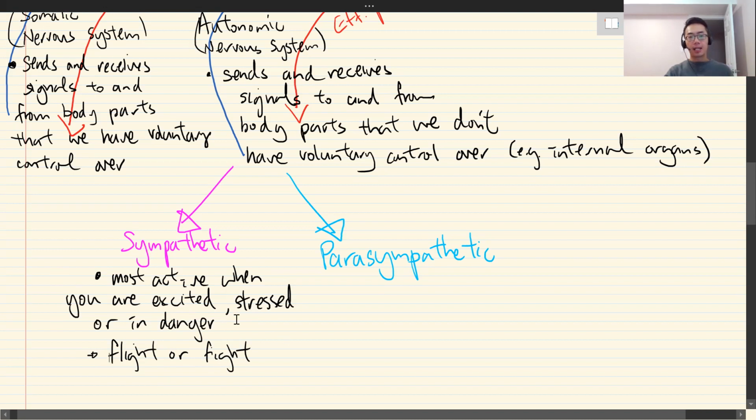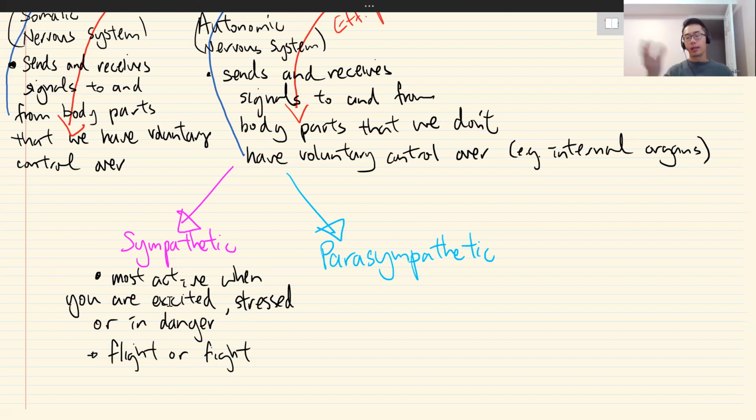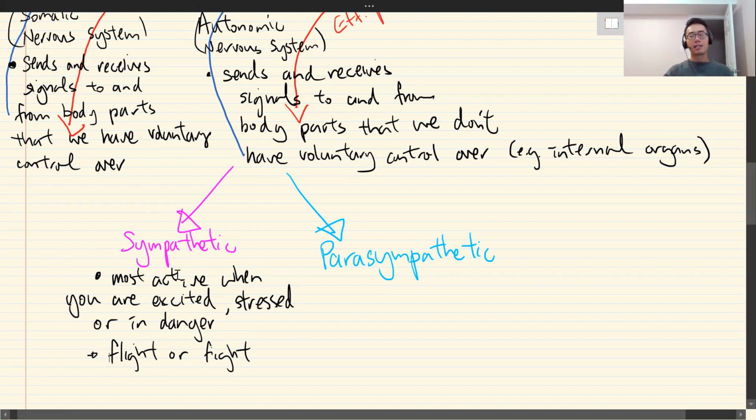But that's the same kind of system that's going to be activated when you are excited. Remember when you receive the acceptance letter to college or university, you get so excited. That euphoria, the excitement you feel, that's the sympathetic system.